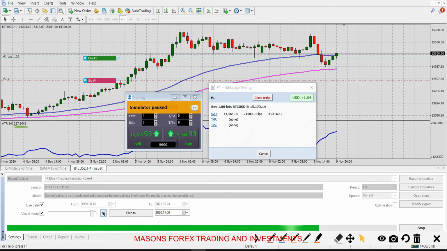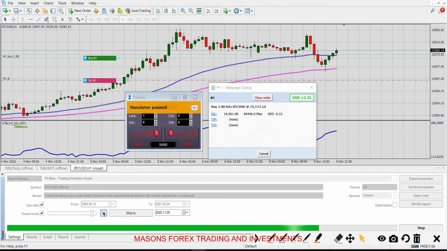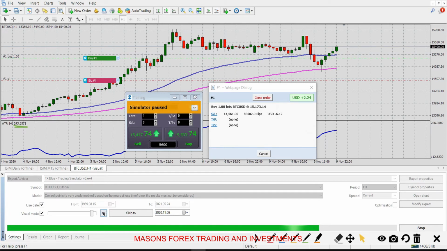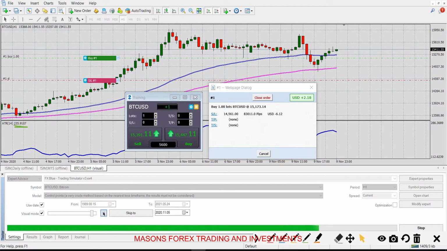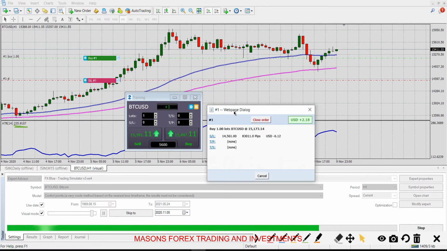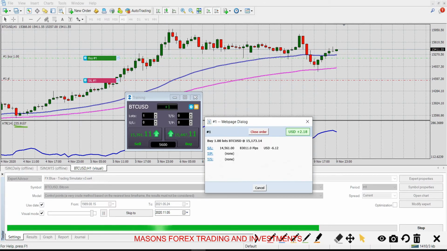Okay, we're letting the simulator run. You remember this was an approximate entry. That will be E. This will be SL, stop loss.